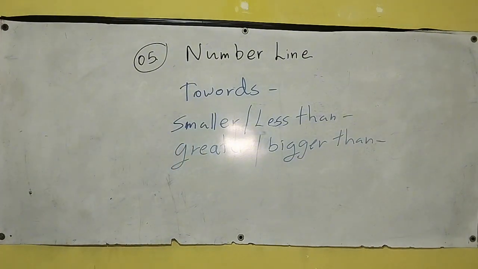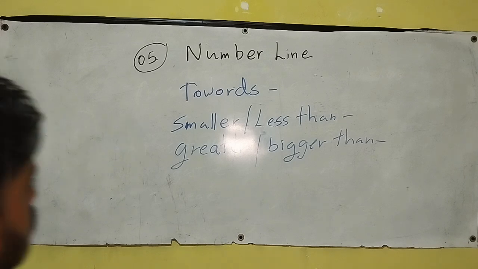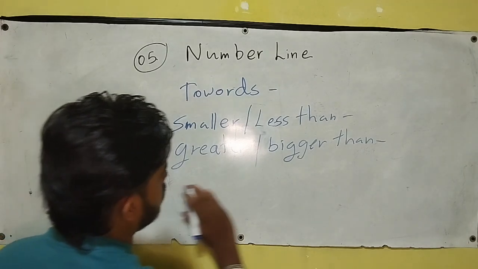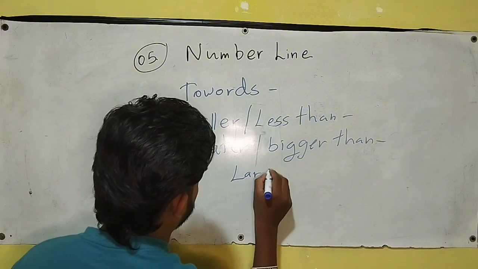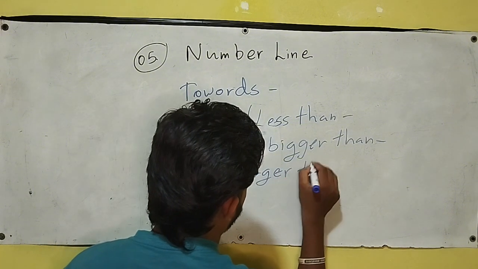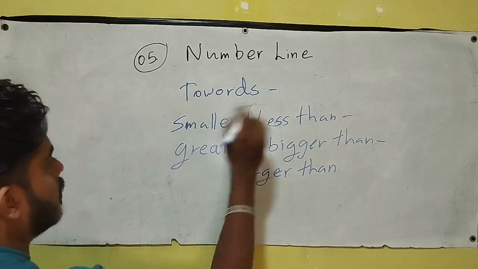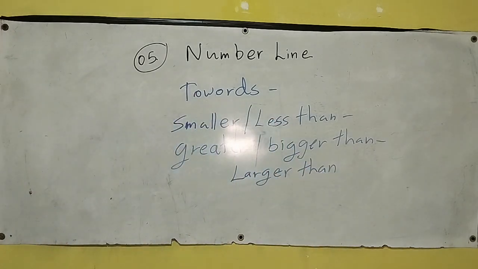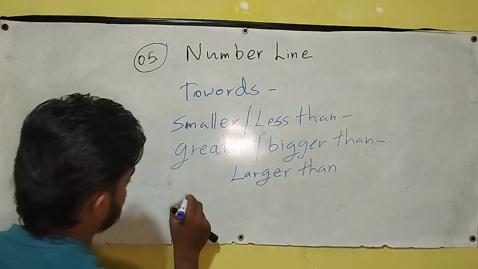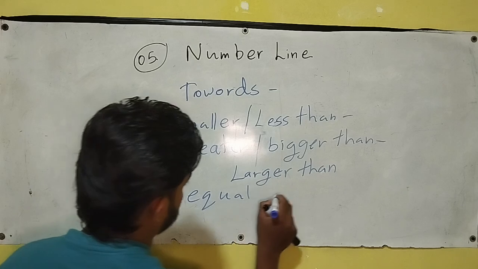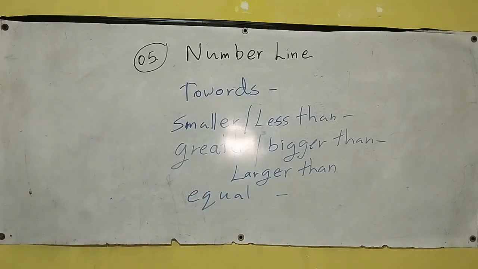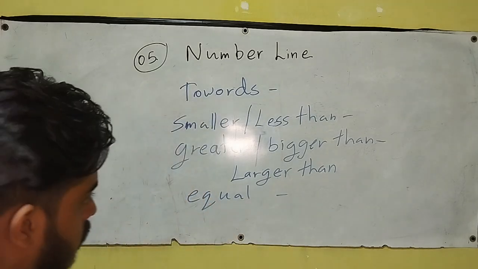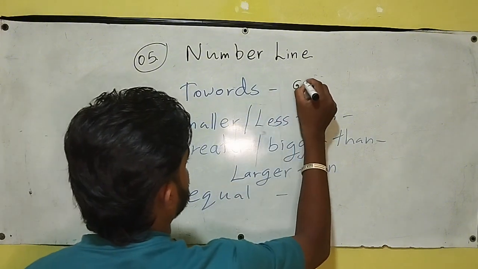Okay, next one, as well as we can say larger than, smaller than, less than, greater than, bigger than. Okay, here as well as equal.